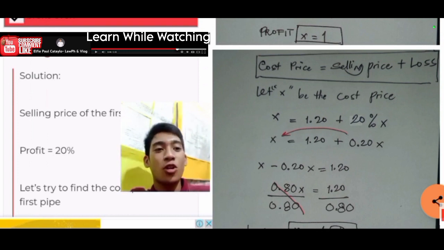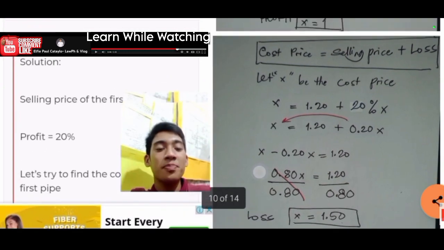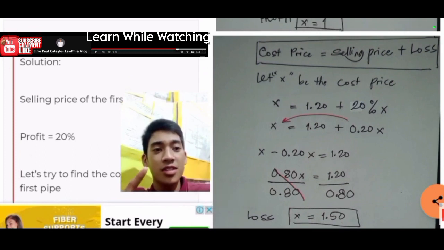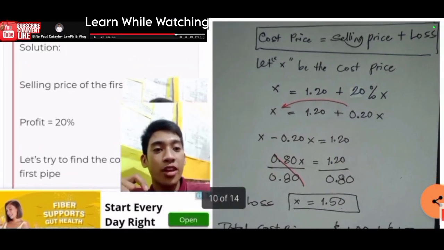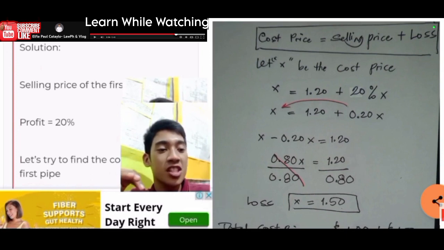Let X be the cost price. So X equals 1.20, the selling price for the second pipe, plus 20%, that is the loss. Loss is 20% of the cost price. Now transpose 0.20X together with X, combine like terms. Since it is positive, it will now become negative.